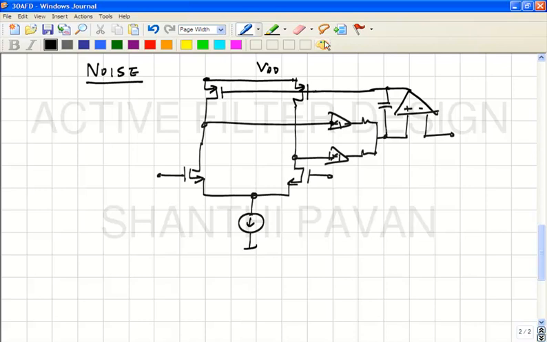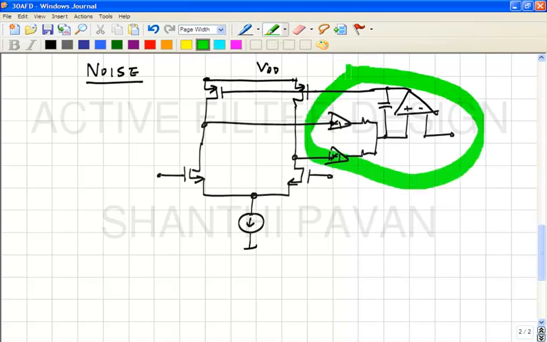Okay. So the error amplifier, this whole thing in the green circle, will have its own noise sources, right?